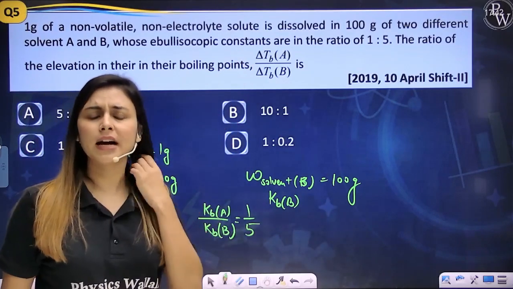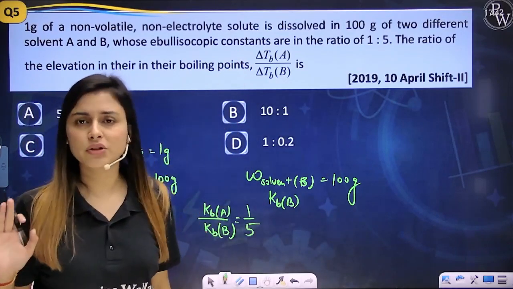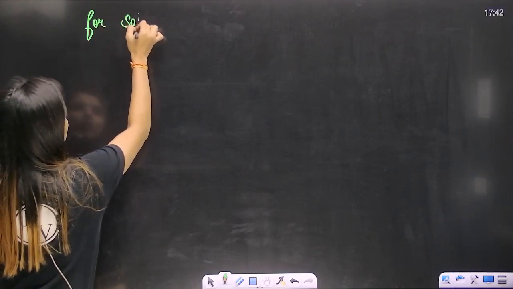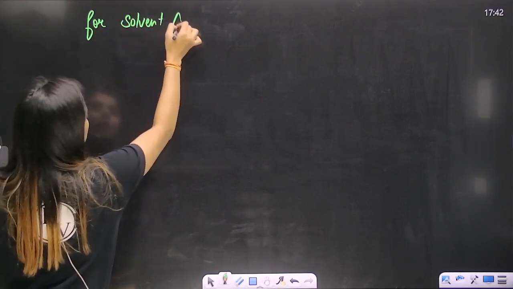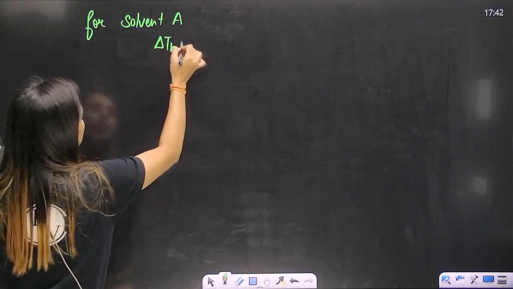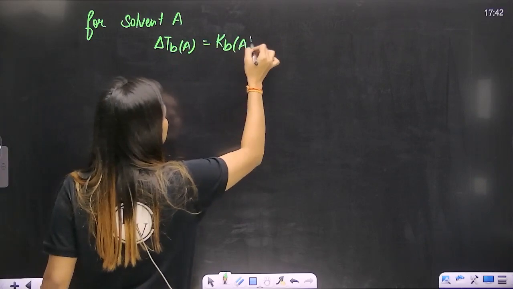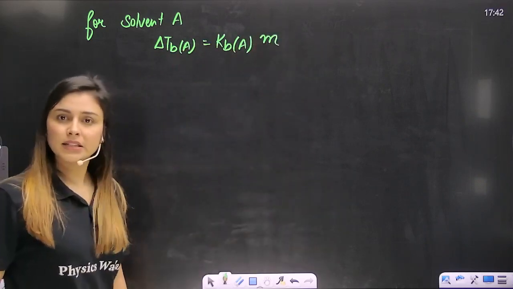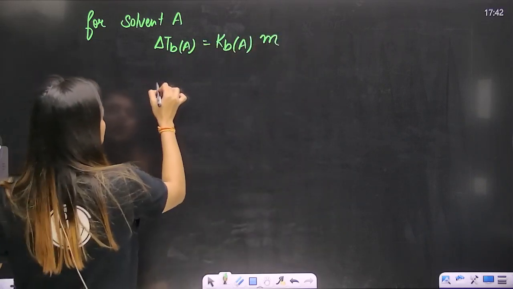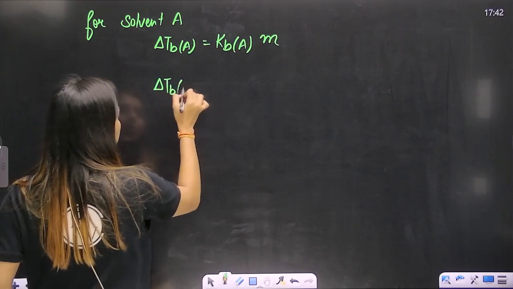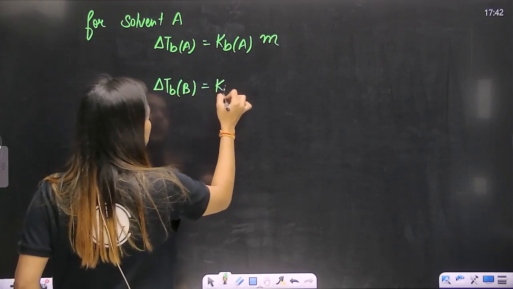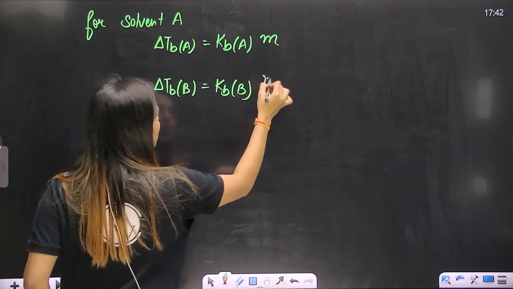So I am very clear. I know that I have to use the expression of elevation in boiling point. So let's use that expression. First we will use it for solvent A. Delta TB of A will be equal to Kb of A into molality. Delta TB of B will be equal to Kb of B into molality.